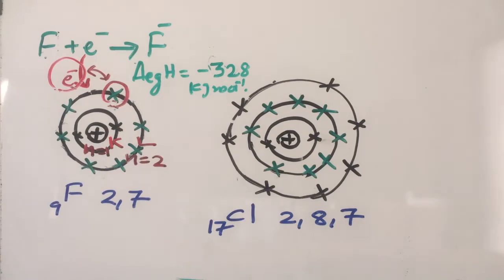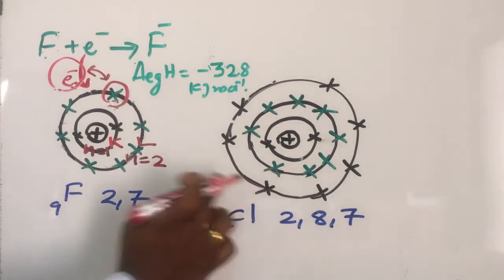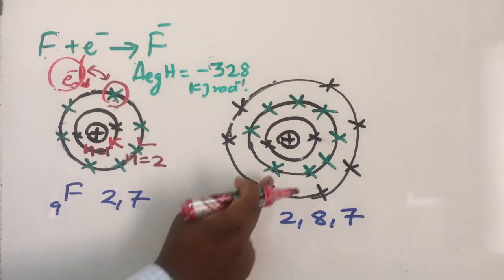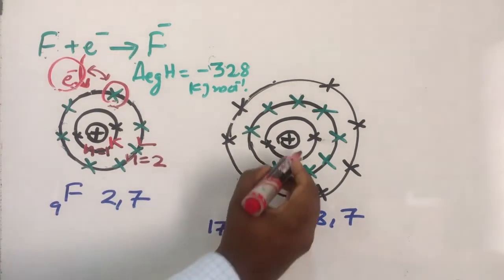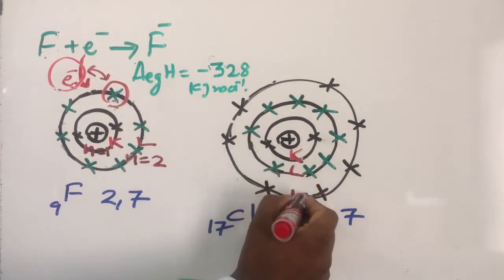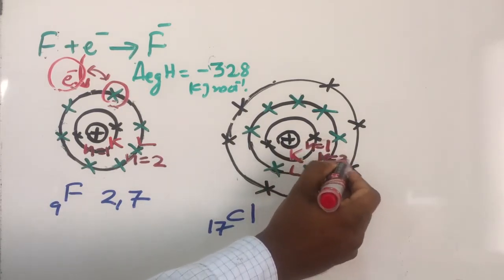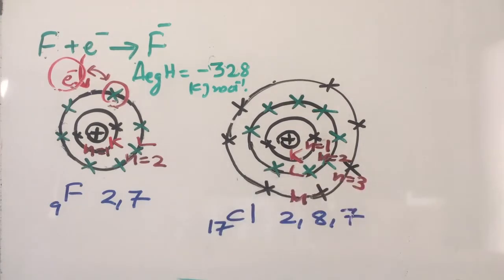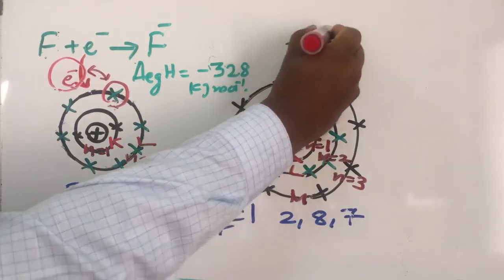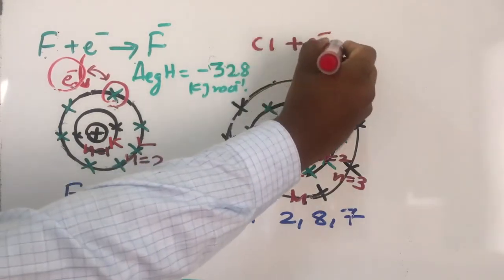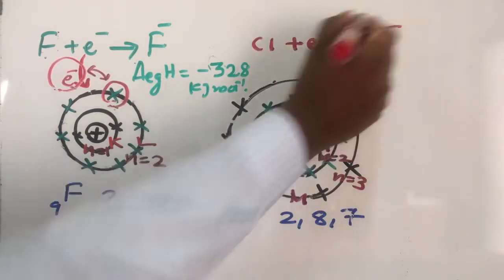Now let's discuss chlorine. Chlorine has three shells: K, L, M, with n equal to 1, n equal to 2, n equal to 3 quantum levels. When an electron is added to chlorine, chlorine will change to Cl minus.